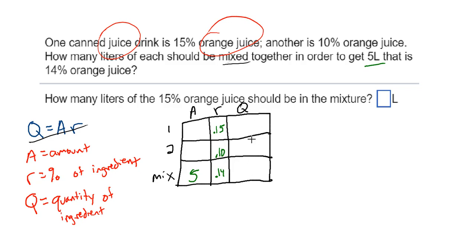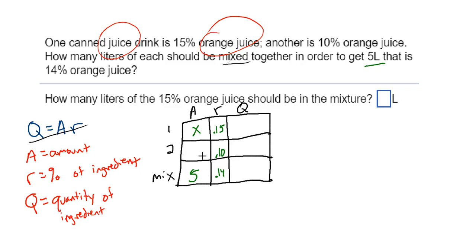You never want to put your variable on the right-hand side if you can help it. There are definitely situations where that has to be done. We will see some of that later in the course. But for this section, whenever you're going to set your variable, it should be in the first 2 columns, not in the last column. So I'm going to let X represent the amount of the first juice drink that I need to use.